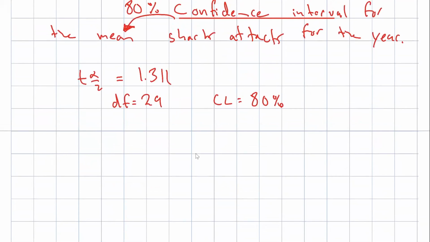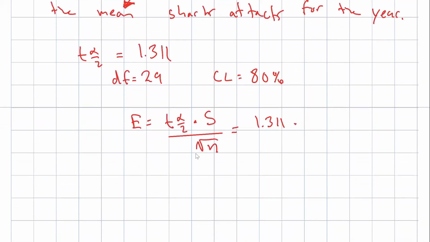So if I want to find margin of error, it is equal to T alpha divided by 2, multiplied by sample standard deviation, divided by square root of n. So T is 1.311. My sample standard deviation is 2.5. And lastly, my n value is 30.